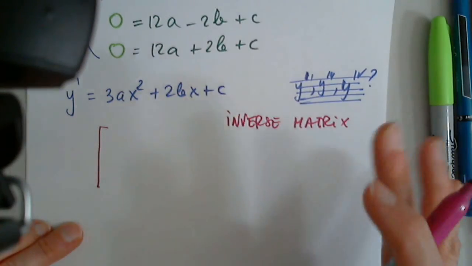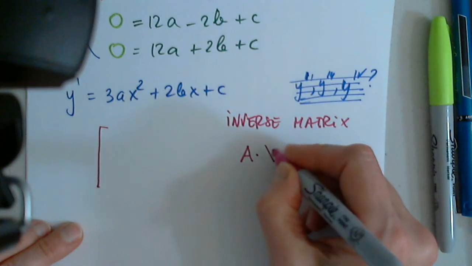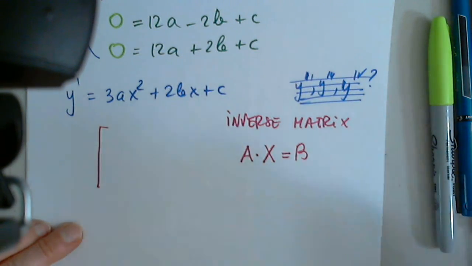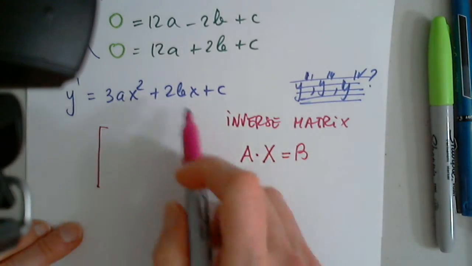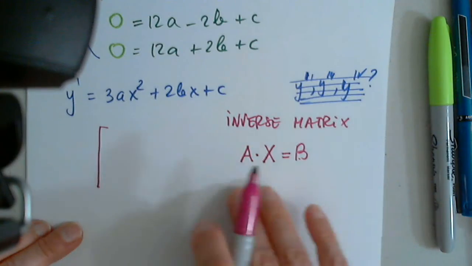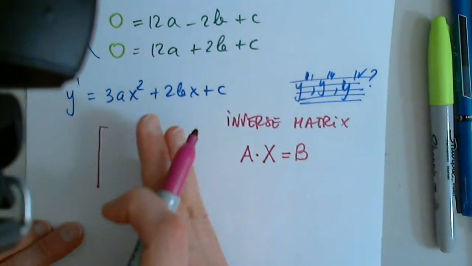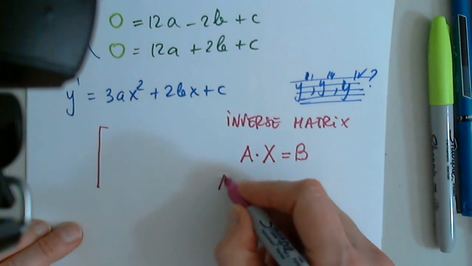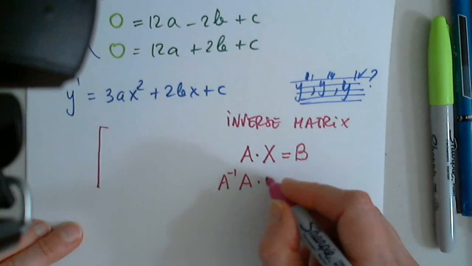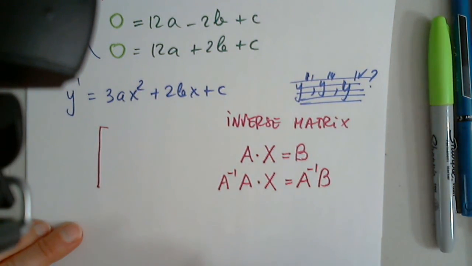So the theory is that if I have a matrix A times the matrix of unknowns, and that equals B, and I will show how we determine A, X, and B. If that's the situation, I can multiply on the left by A inverse, this matrix inverse, and that's what we're going to do. But I have to multiply on both sides.